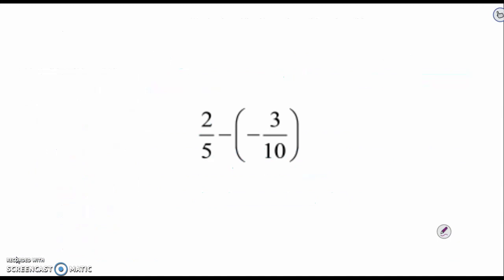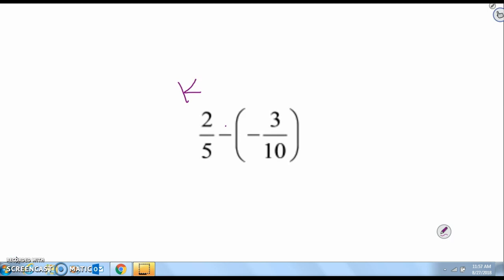Remember, when subtracting any signed numbers, we're going to change them to addition problems. So we keep the first number as it is, we change subtraction to addition, and then we switch the sign of the second number. So here we're adding the opposite sign. The opposite of negative 3/10 is positive 3/10.